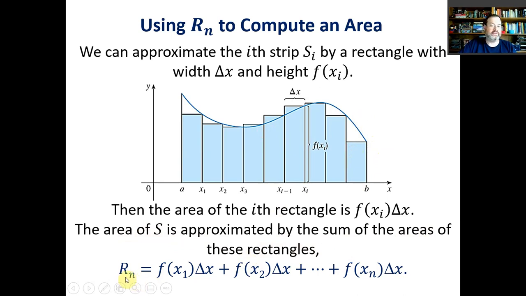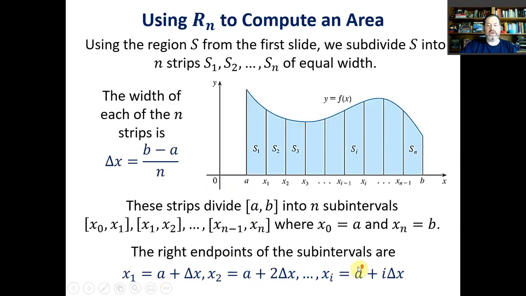So Rn is f of x1 delta x plus f of x2 times delta x, and so on. Now keep in mind, we already know what these xi's are. These xi's are given by this.